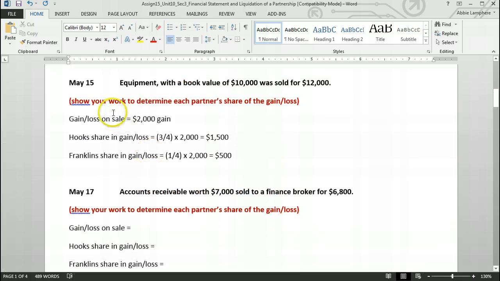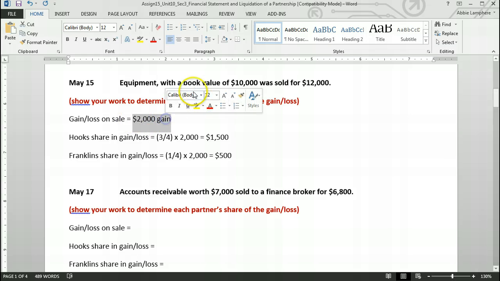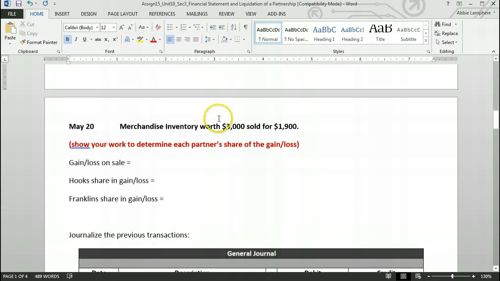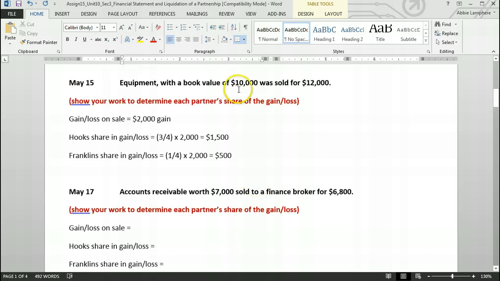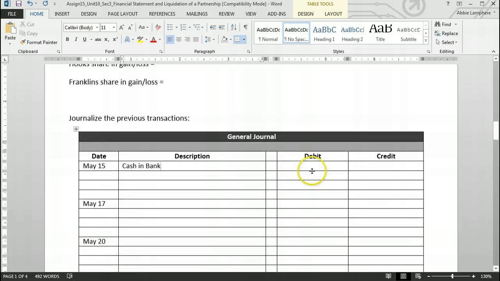So I'll do the first one with you. We were paid $12,000 for $10,000 worth of equipment. So we want to list all of our debits first. Our cash in bank is going to increase by $12,000.